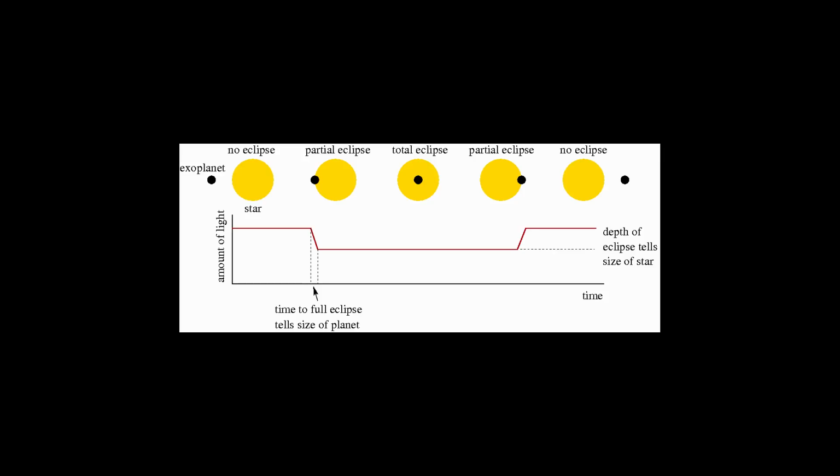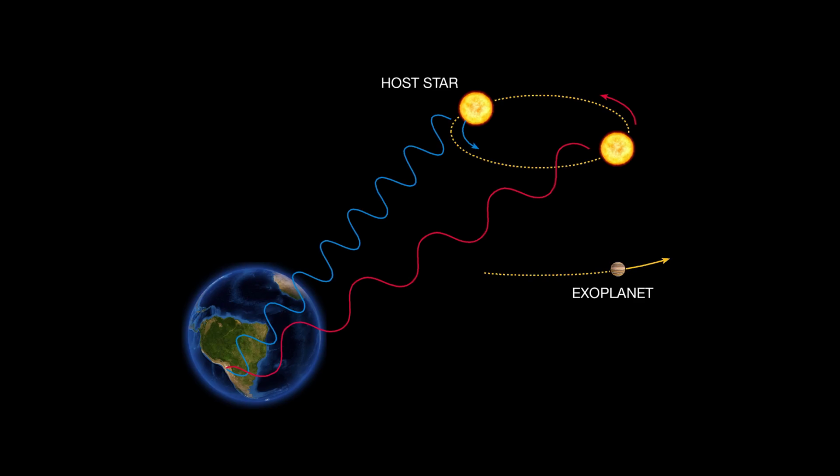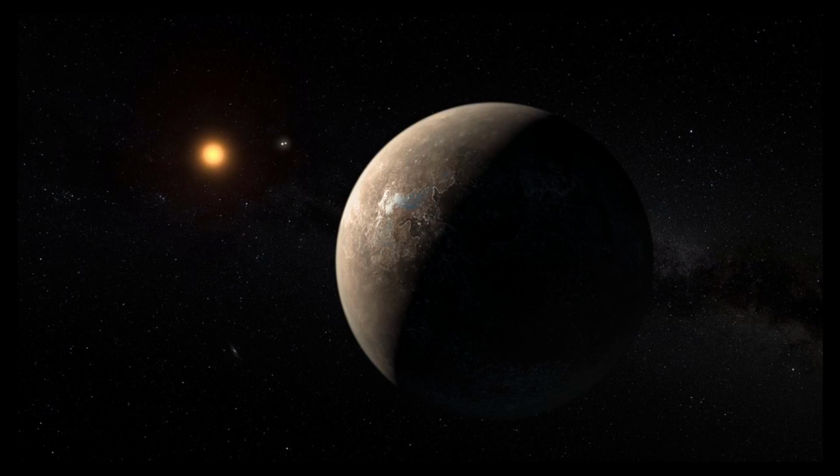But this method is relatively easy compared to the radial velocity method. I'll compare what kind of precision instruments you'll need for both later. Now the radial velocity method uses spectrometric measurements of that star, and it also depends on how the planet's orbital plane is aligned to us, but not as much, since you can theoretically detect any planet with this method.